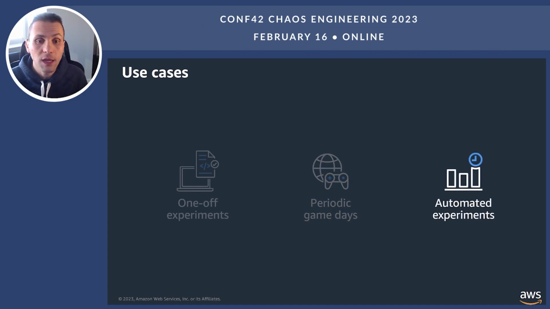Another use case is automated experiments. Doing automated experiments really goes back to the scientific part of chaos engineering. Repeating experiments is a standard scientific practice for most fields. Automated experiments help us cover a large set of experiments that we cannot cover manually.